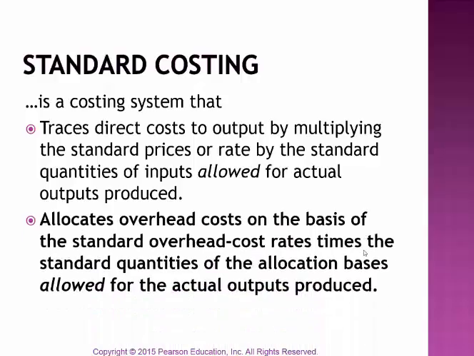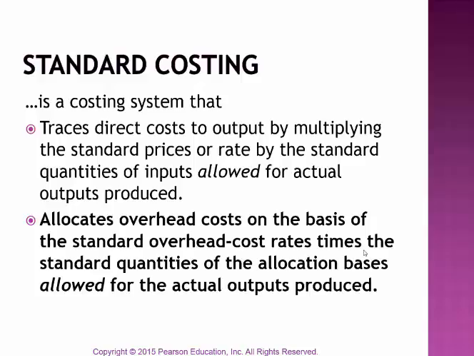We have seen in our past classes how we allocate overhead cost on the basis of the standard overhead cost rates that we calculate using the predetermined overhead rate formula.